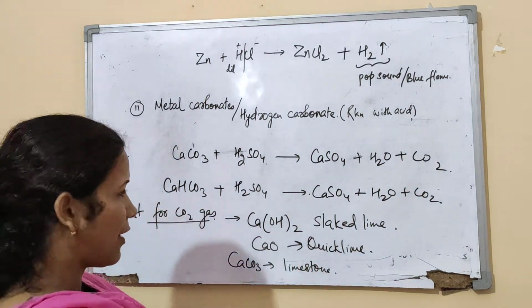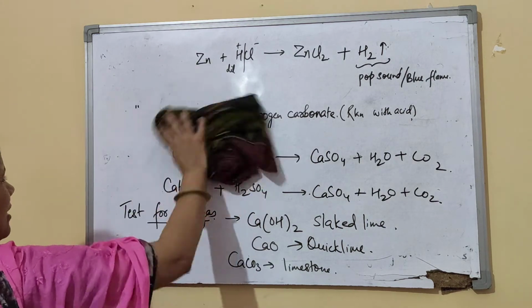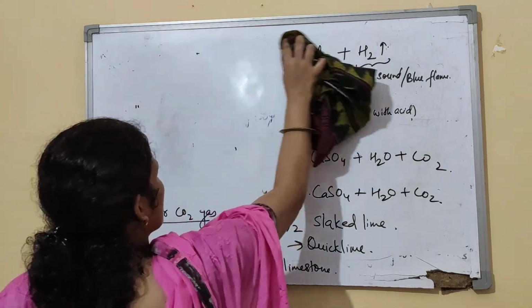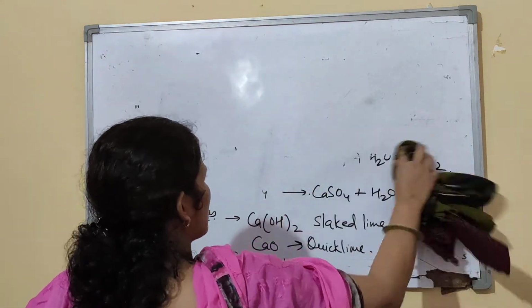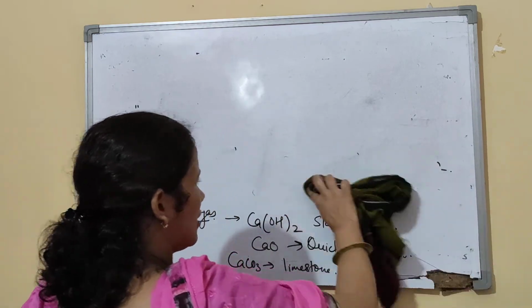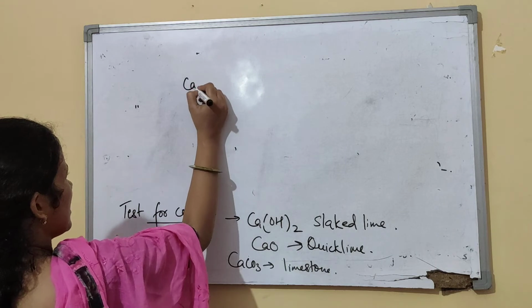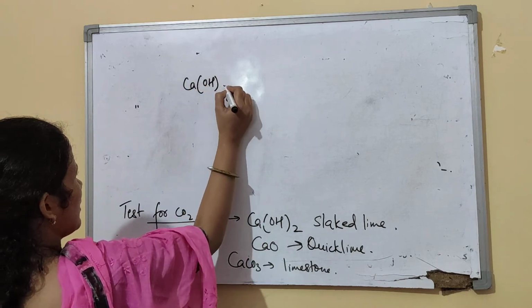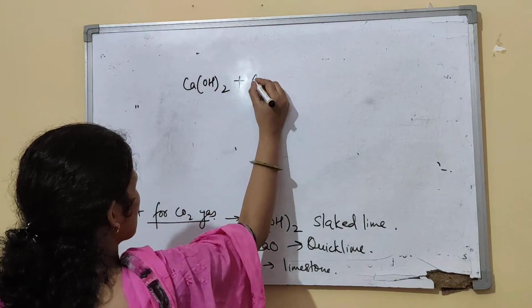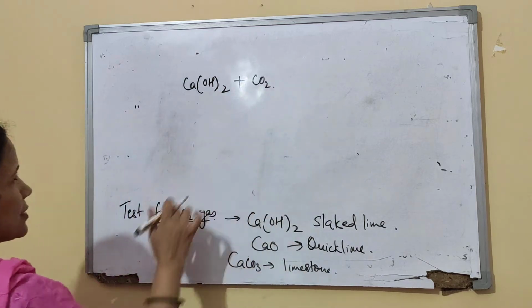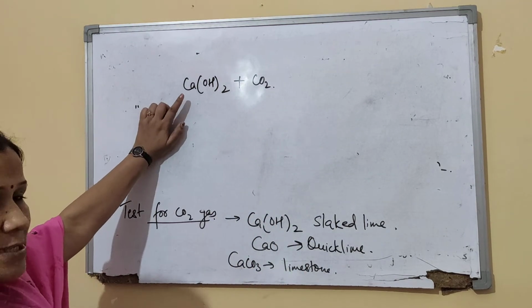So, if I take slaked lime solution, Ca(OH)2, and you pass carbon dioxide into this. We also say this as lime water.